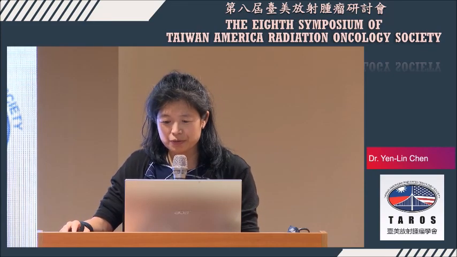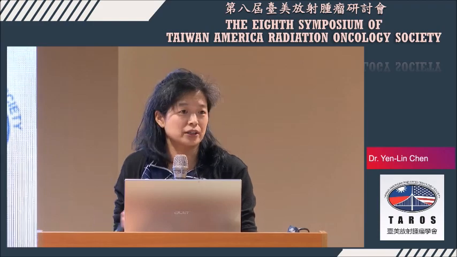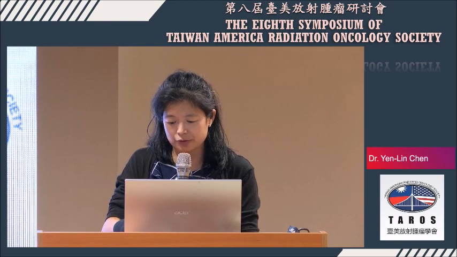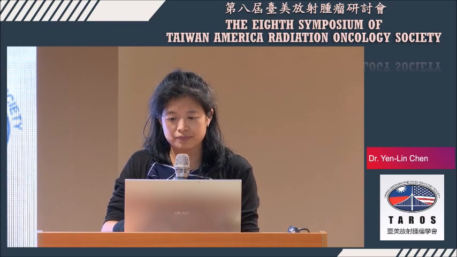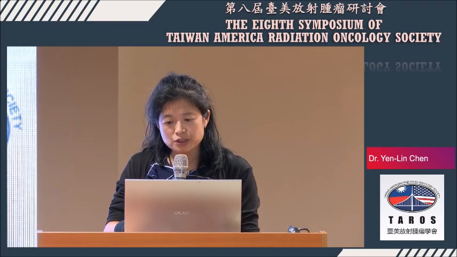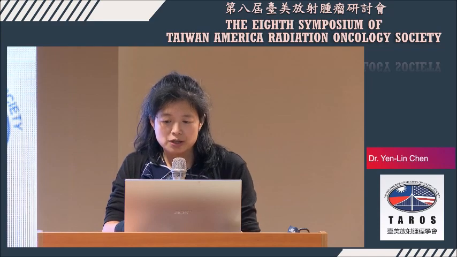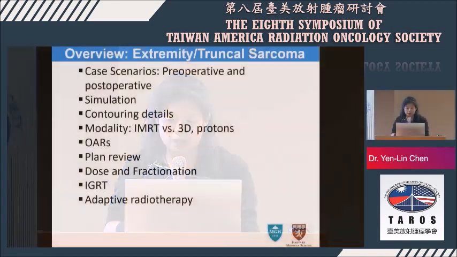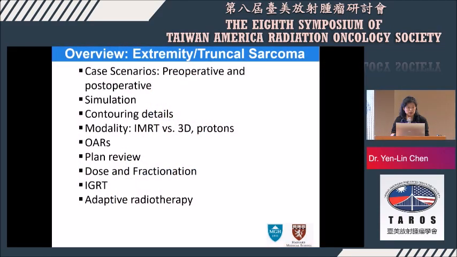I'm going to take you through sarcoma contouring and the current evidence for some of the practical aspects of sarcoma treatment, and I have no conflicts of interest. I will devote the session to soft tissue sarcoma of the extremities, trunk, and retroperitoneum, and the issues unique to sarcomas for contouring, starting from the CT simulation, the contouring details, modality choice, OARs, plan review, dose fractionation, and differences in pre-op and post-operative management, IGRT, and adaptive radiotherapy.